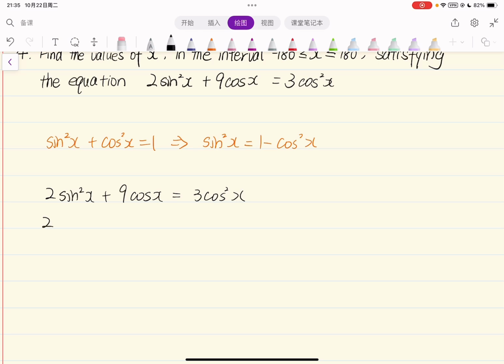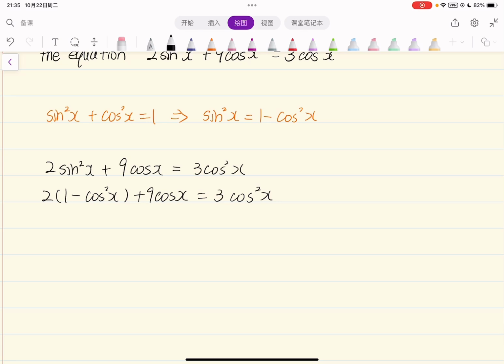Rearranging that, we have 2 times 1 minus cosine squared x, plus 9 cosine x, equals 3 cosine squared x. Then we have 2 minus 2 cosine squared x plus 9 cosine x equals 3 cosine squared x.